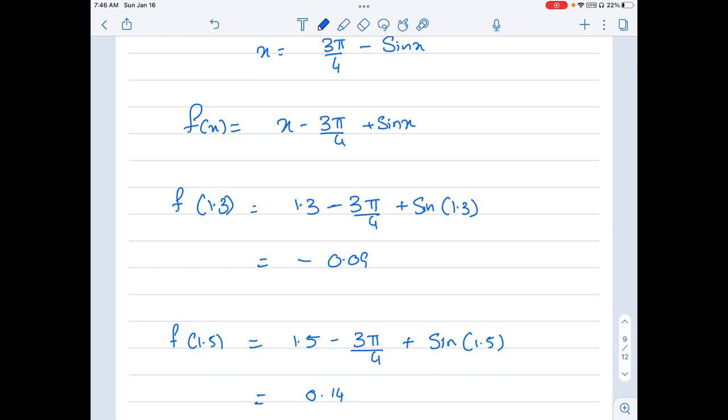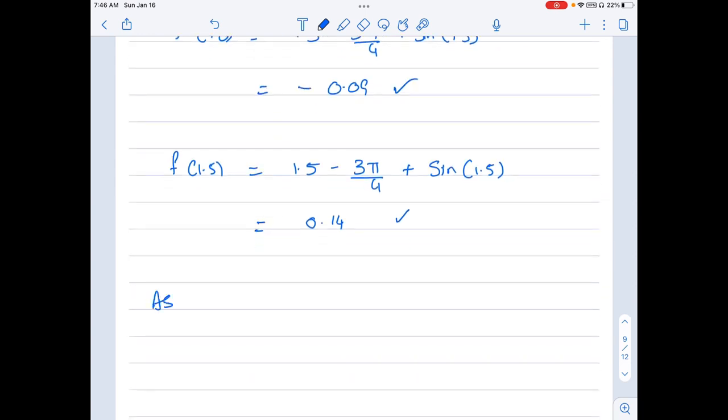So in the next part it is being asked to show that the root lies between 1.3 and 1.5. So what I have done, I have just plugged in 1.3 and 1.5. First of all I have to get f of x, get all the terms on one side and make an equation in terms of f of x, in terms of x. Then plug in 1.3, get a negative answer, plug in 1.5, get a positive answer.